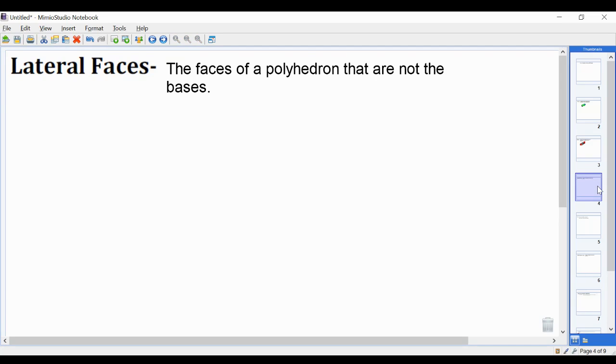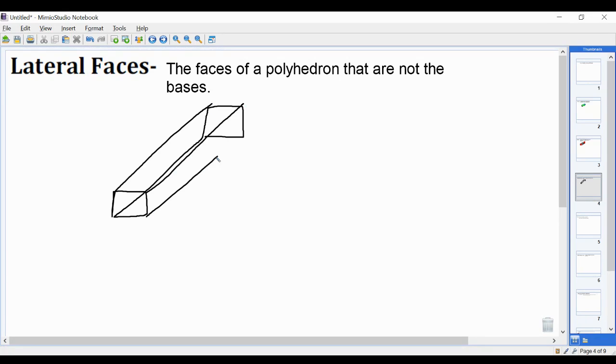The lateral faces are all the other sides, the sides that are not the bases. So once again, let's start with our prism here. I'll start with the bases that we had last time. These are the bases, the polygons that are the same and on opposite sides.